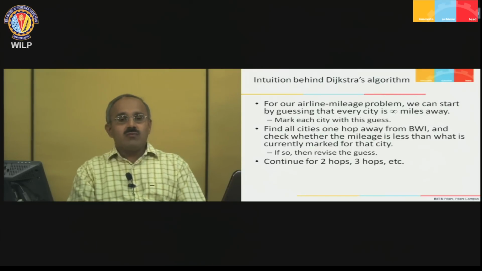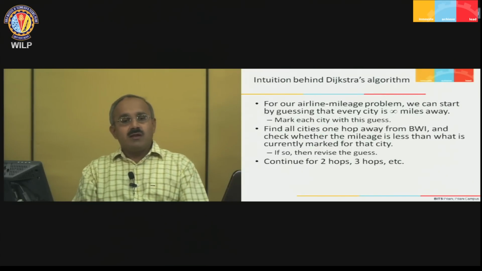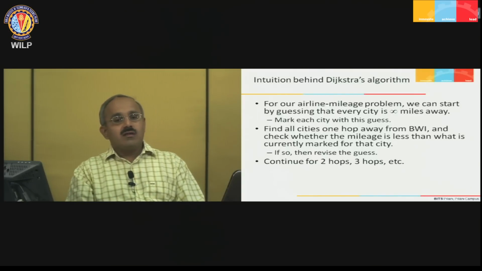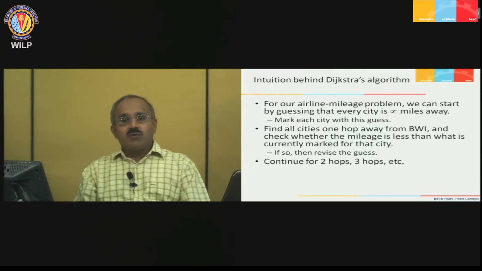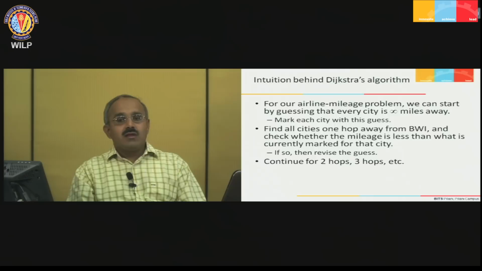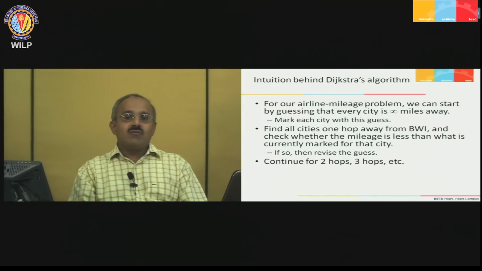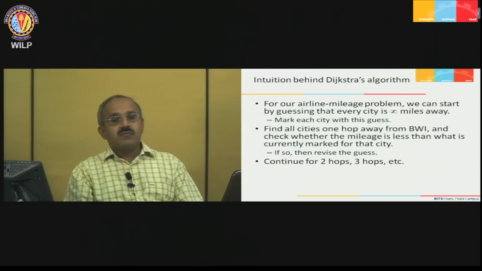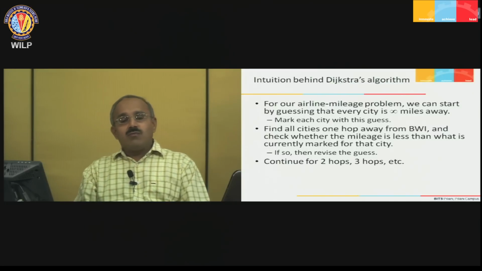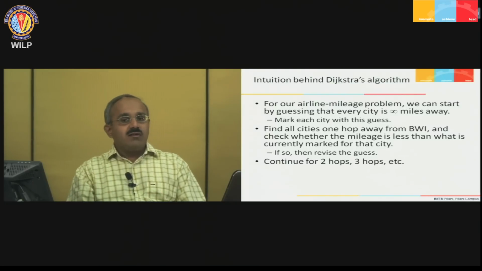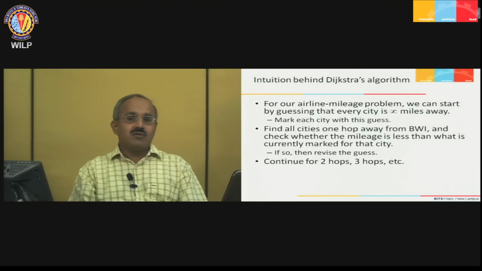So, as we said, we are going to mark initially every city to be far away from the source point. Like breadth first search, we are going to find all cities which are one hop away from our source, and we will check whether the mileage is less than what is currently marked for that city. And initially, we are going to mark all the cities at a distance infinity from the source.